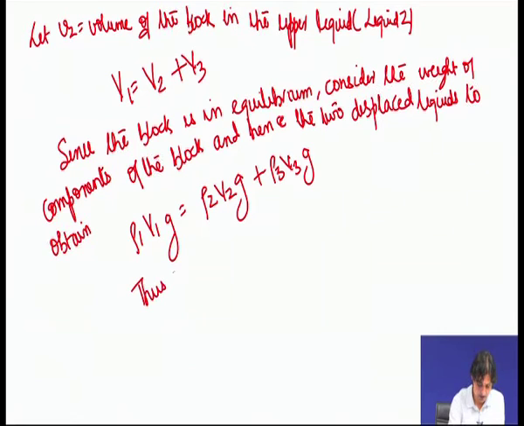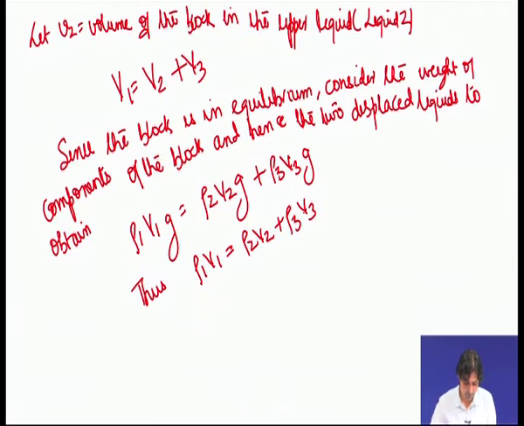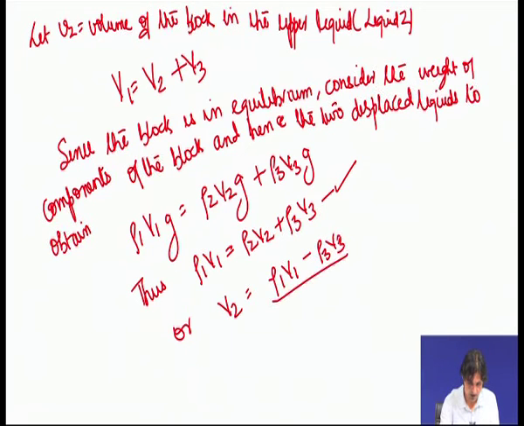Thus rho 1 V1 is equal to rho 2 V2 plus rho 3 V3, that is correct. Or we can simply write V2 is equal to, using this equation here, rho 1 V1 minus rho 3 V3 divided by rho 2.